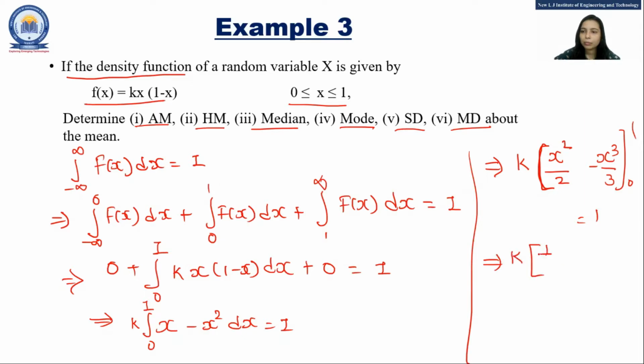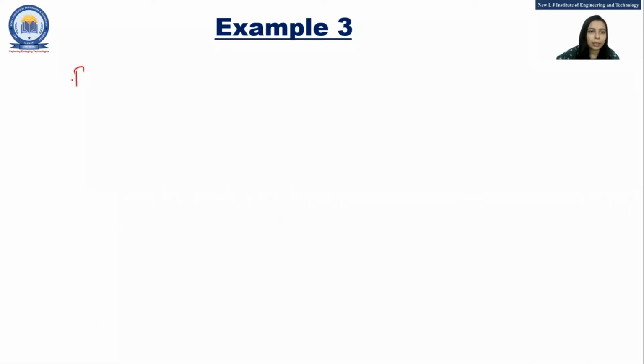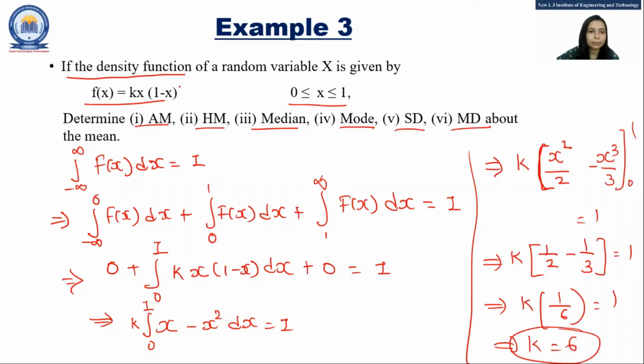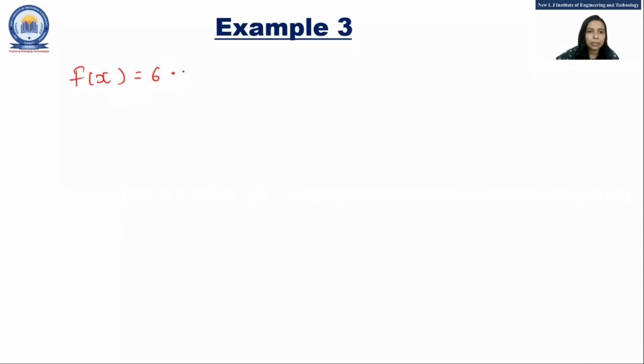K into (1 by 2 minus 1 by 3) is equal to 1. So k into 1 by 6 is equal to 1. So the value of k would become 6. So we can write f of x as 6 into x into (1 minus x), where x lies between 0 and 1.